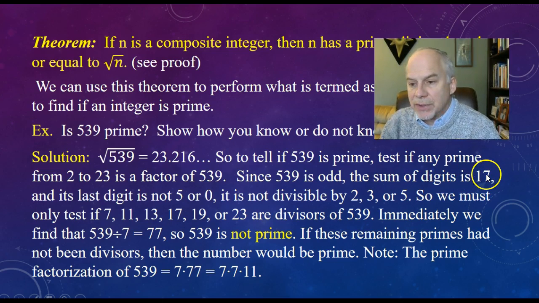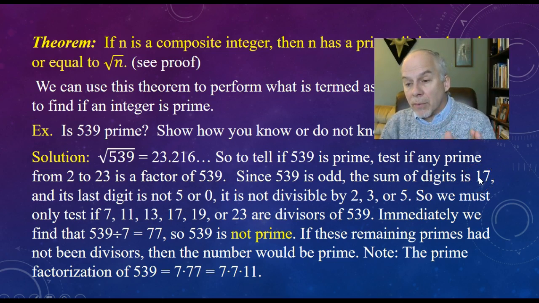If the sum of the digits had been 18, then I know that the number would have been divisible by 3. But because the sum of the digits is 17, the number is not divisible by 3. And because the last digit is not a 5 or a 0, we know that it's not divisible by 2, 3, or 5. Okay? So now all we have to test is 7, 11, 13, 17, 19, or 23.